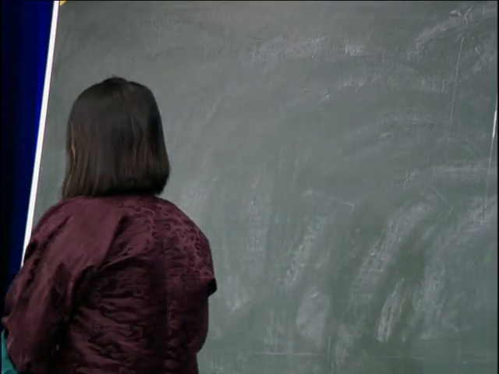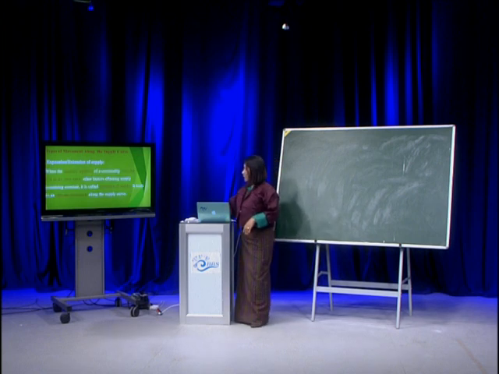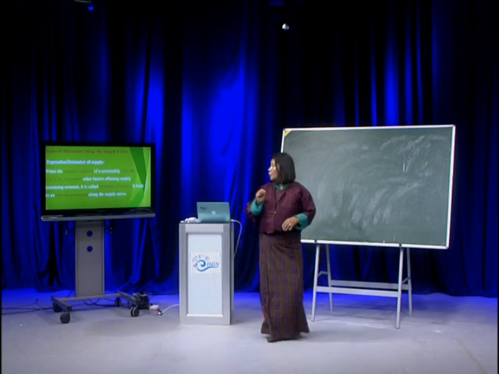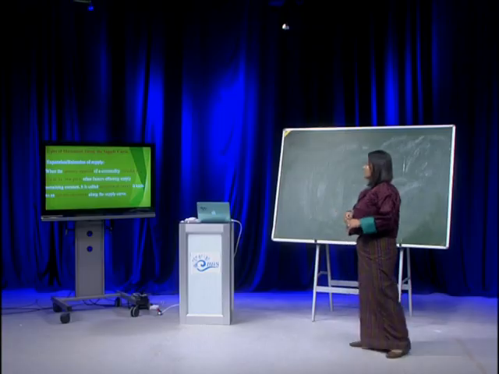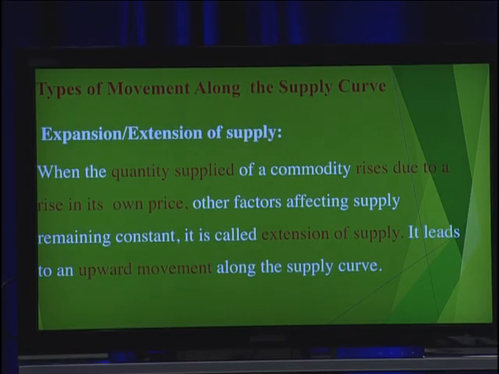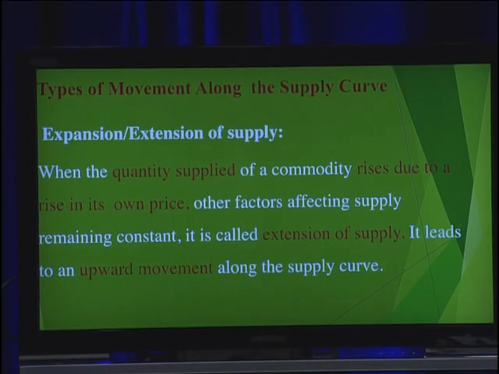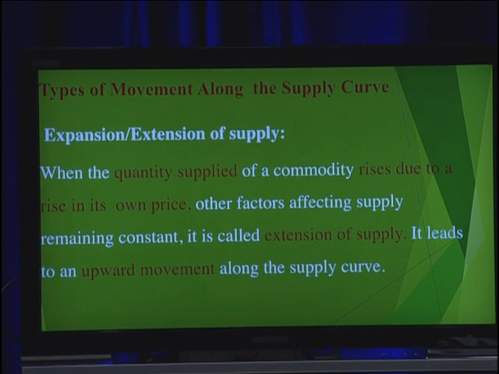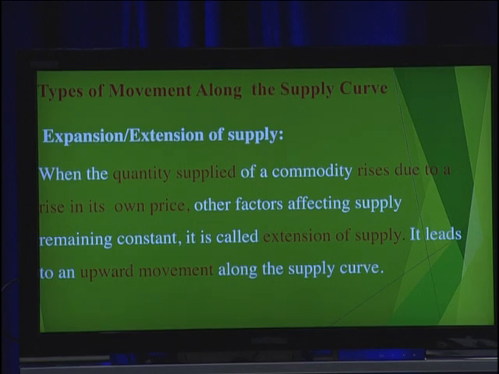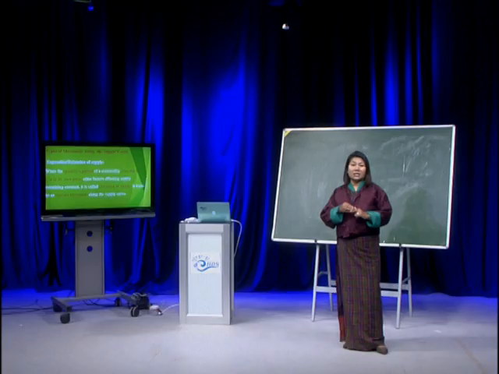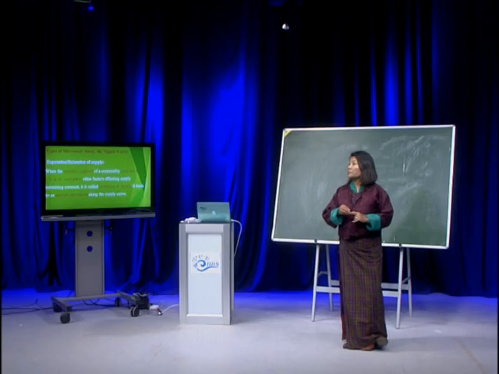And why will supply increase? Let's look at that in detail. Look here. When the quantity supplied of a commodity rises due to a rise in its own price, please bear in mind its own price. We are not talking about other factors here. When we talk about extension of supply, we have to bear in mind the factor that will cause the movement or the extension or expansion is the sole factor, price.